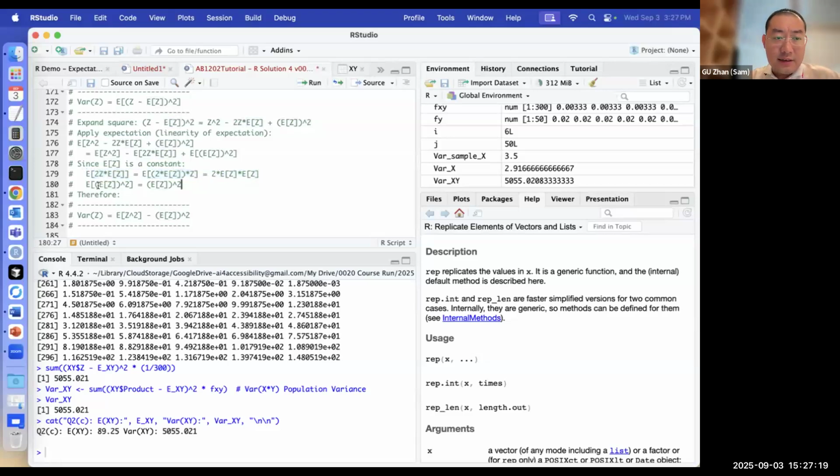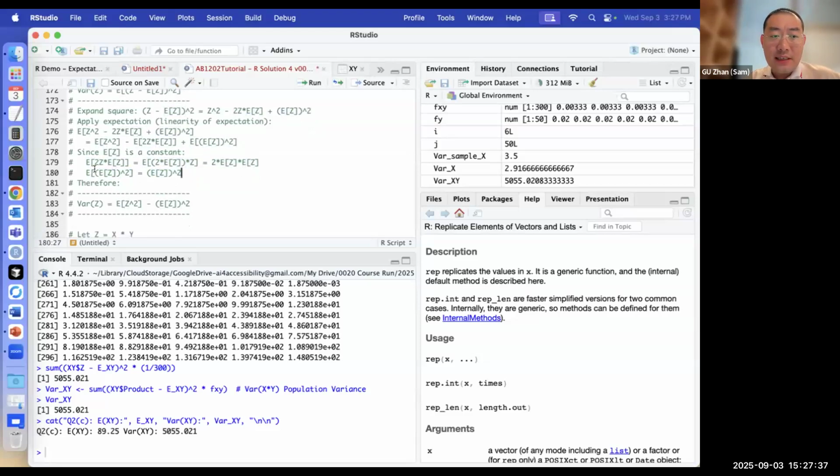Then this part becomes E(Z) squared, because E(Z) is a constant.